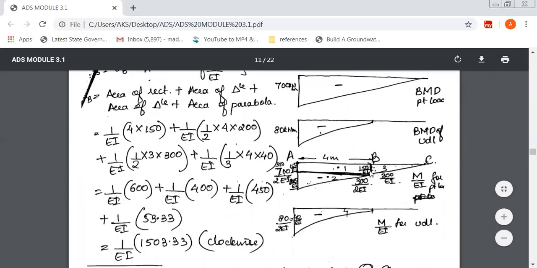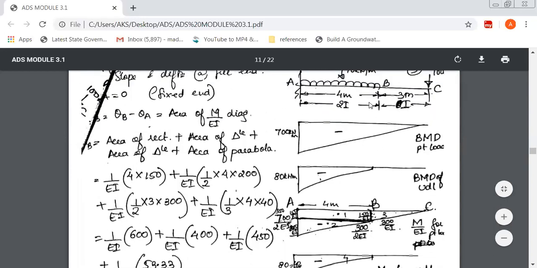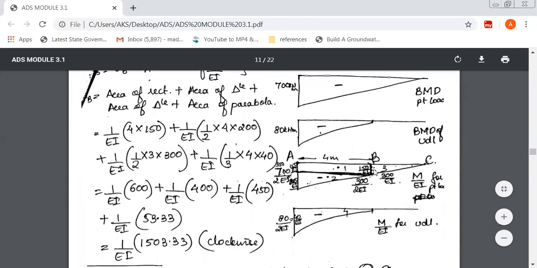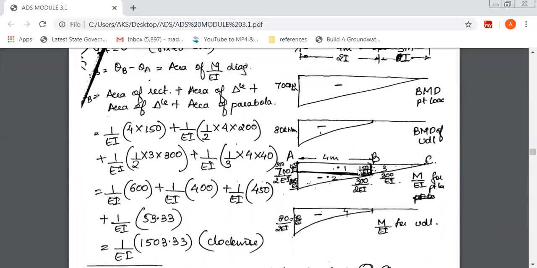Now the same ordinate, on the left hand side, has 2I. So the same 300 over EI gets divided by 2. To the left side of B, it is 300 over 2EI, which simplifies to 150 over EI.